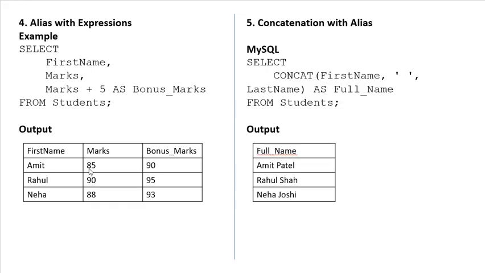So 85 is shown as 90, 90 is shown as 95, and 88 is shown as 93.